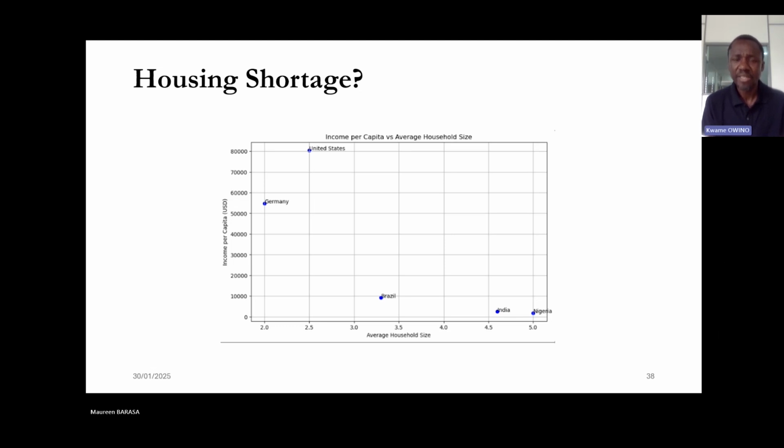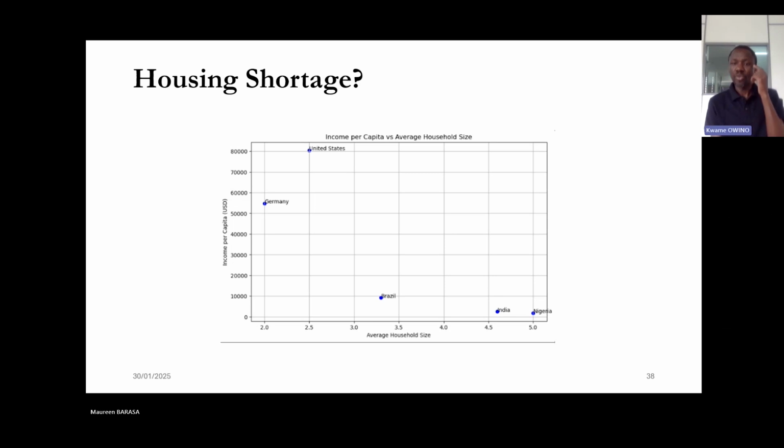The average household size in the United States for an income of $81,000 per person per year is 2.5. In Germany, at $56,000 or $57,000 per person per year, it's slightly more than 2.0, about 2.01. Brazil has 3.3, at an income level of about $9,000.